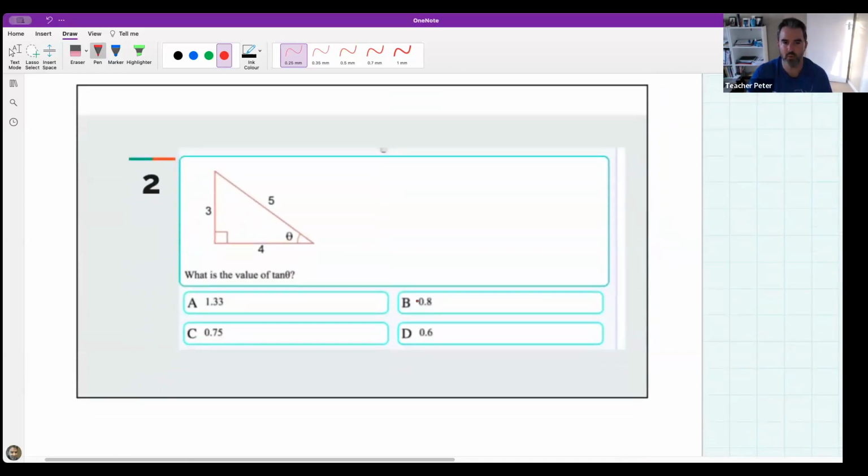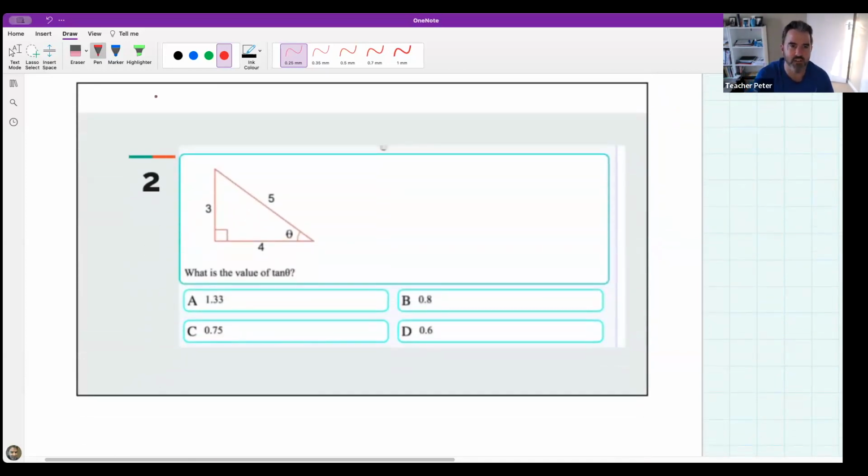Can you tell me what is the value of the tan of theta using this triangle? Now I need to put some lights on.